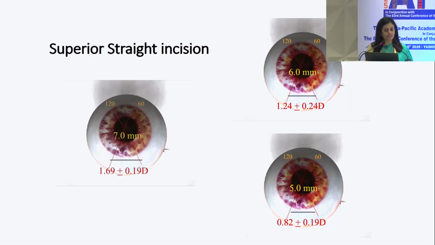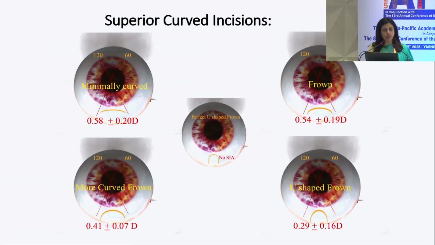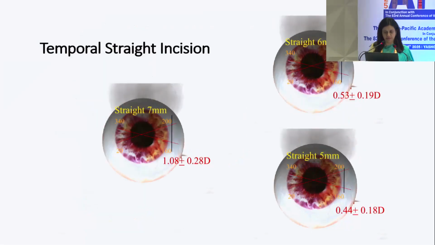If we have an incision of 7 mm superiorly, it induces astigmatism of 1.7 diopter. Further reduction in the size of the incision reduces the magnitude of astigmatism. A superior curved incision further reduces the magnitude of astigmatism, as we see in the center. A perfect U-shaped incision literally does not induce any astigmatism.